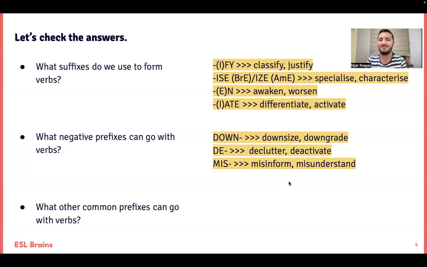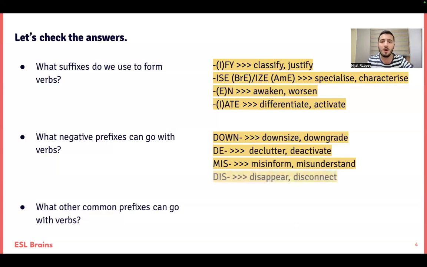Be careful with that, right? Or if you misunderstand me, you understand me in a wrong way. Or misguide, for example, which basically means I guide you in a wrong way.